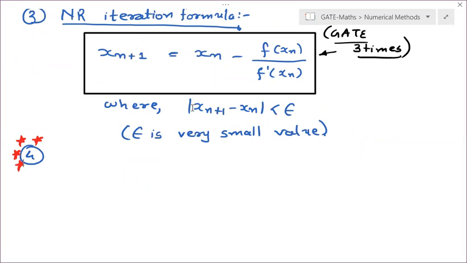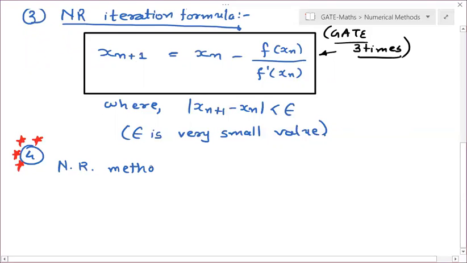So here its constraint is that the Newton-Raphson method has quadratic convergence. Whenever you have any question based on this, there is a high chance that students will get it wrong and get negative marks. Okay, this word quadratic convergence is important, and what is its meaning?